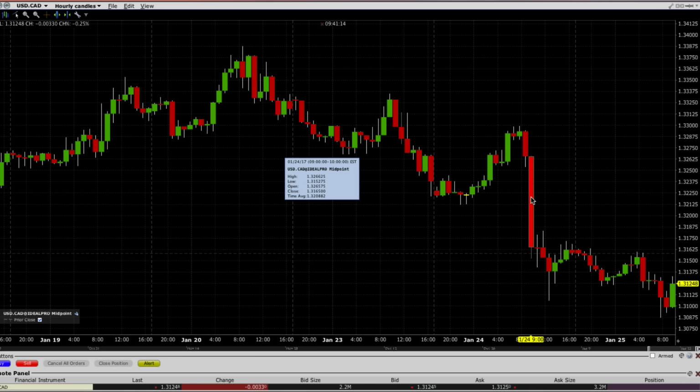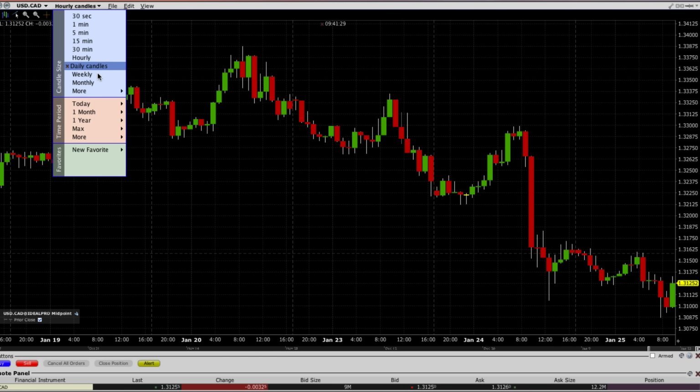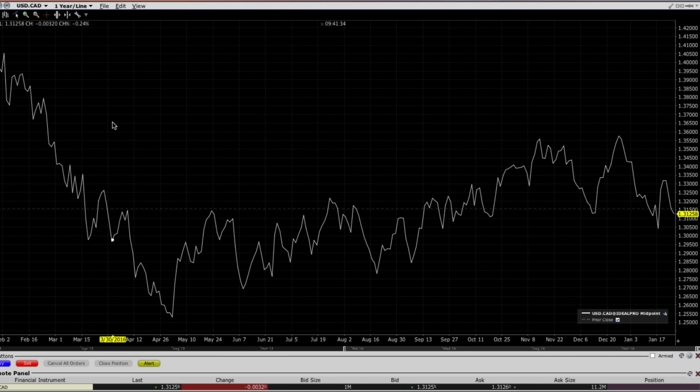So this immediate reaction, that's the wrong move. So I bought more after the event because I believe that's the wrong move. As soon as all the euphoria of it dies down, we'll continue back on the same trend. But right now, let's take a longer term look at what's going on in the Canadian. Let's go for a 1 year.